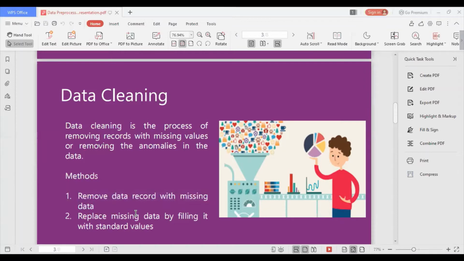In data analysis, I talked about how to remove missing values from your data set. Do you get that?